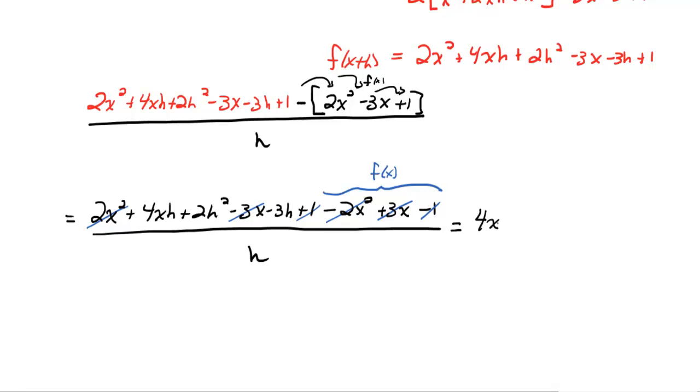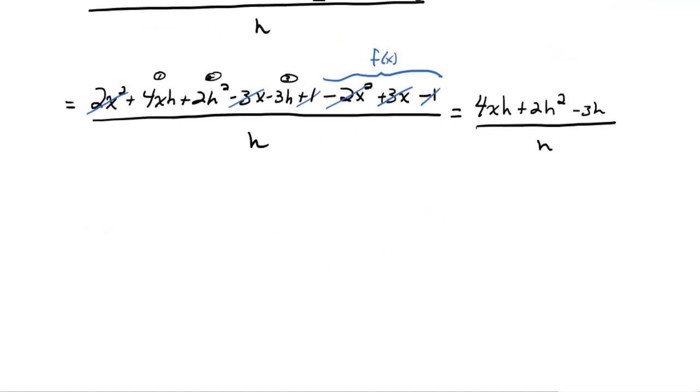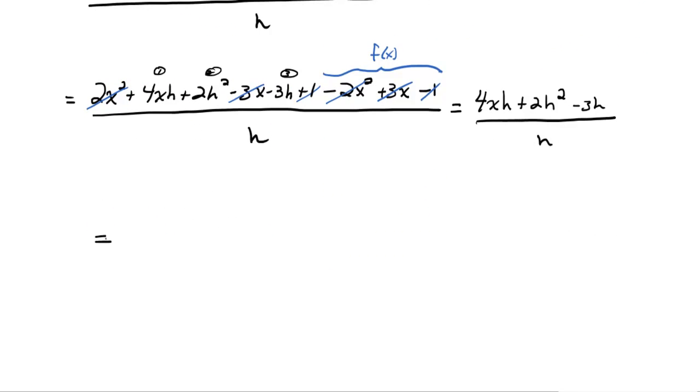So now we're going to have this equal to 4xh plus 2h squared minus 3h. So we have this term here, we have this term here, and we have this term here. And this is still all divided by a value of h. So let's go ahead now and factor out an h from our numerator. So we're going to have an h times the quantity of 4x plus 2h minus 3, and this is all over a value of h.